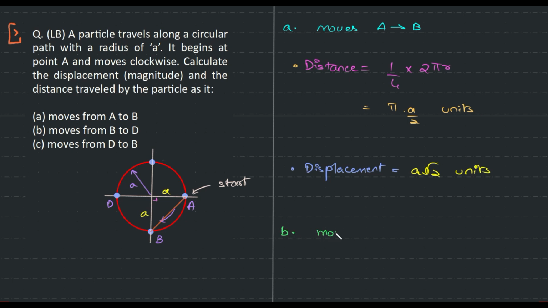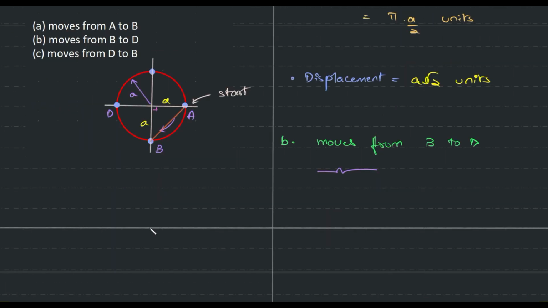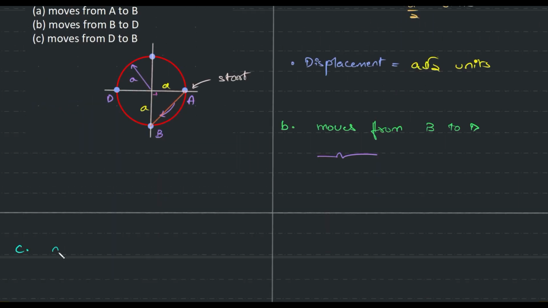Similarly, when it moved from B to D, same thing actually. Everything is the same. Think about it. B to D, we are moving 1/4 of a circle, and it's a straight line connecting B to D. And then we have movement from D to B in the clockwise direction, guys.